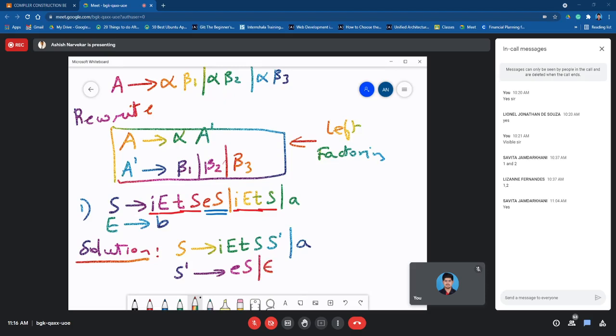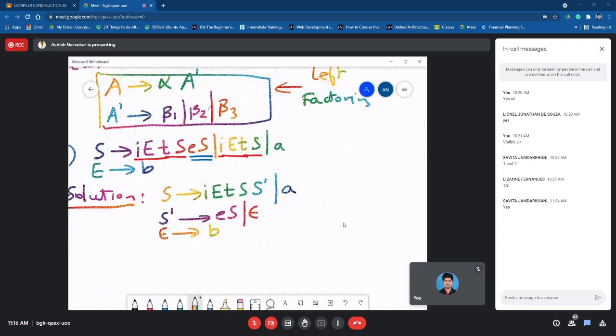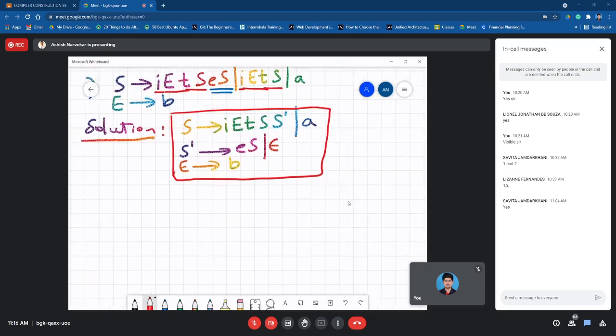So epsilon. Finally, this rule was unaffected by left factoring, so it is written as it is. In this case, we have removed the left factoring problem from this grammar.